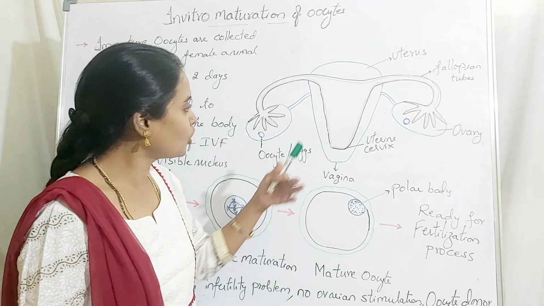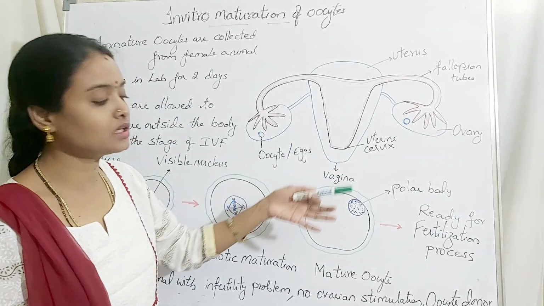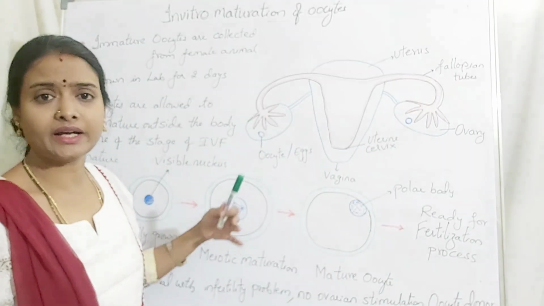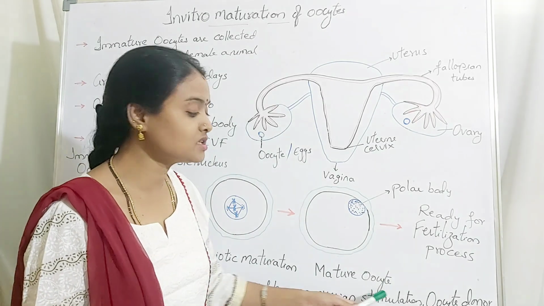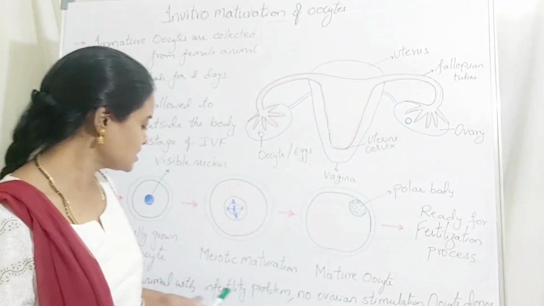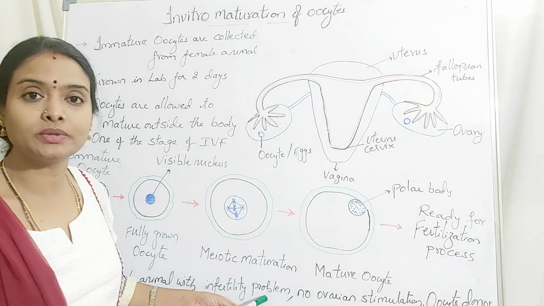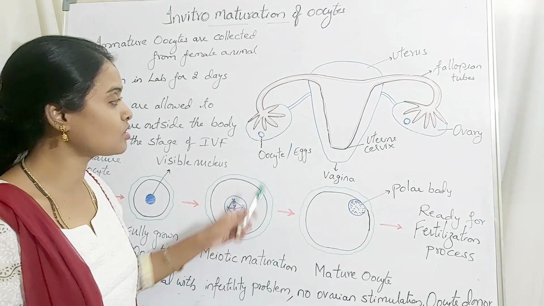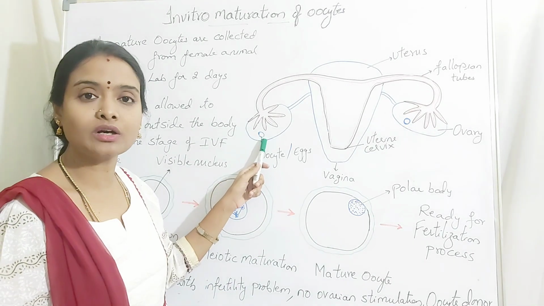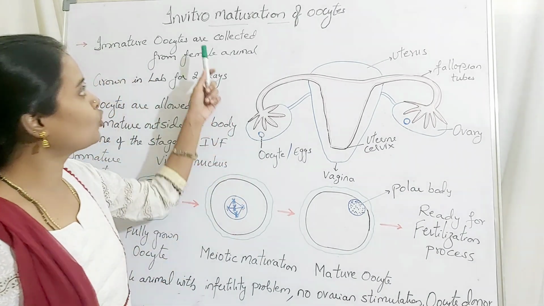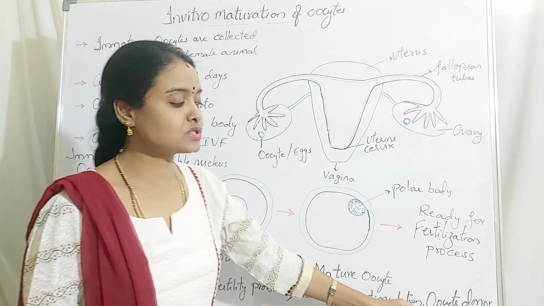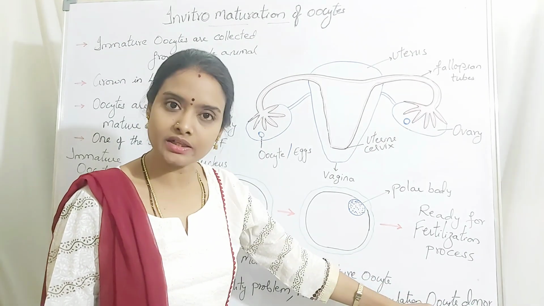It can obtain the oocytes from another mother, another animal. Otherwise, if there is no ovarian stimulation, that means the infertility problem is mainly because of the non-formation of oocytes, right? In that case, they go for the oocyte donor, where they donate the oocytes.